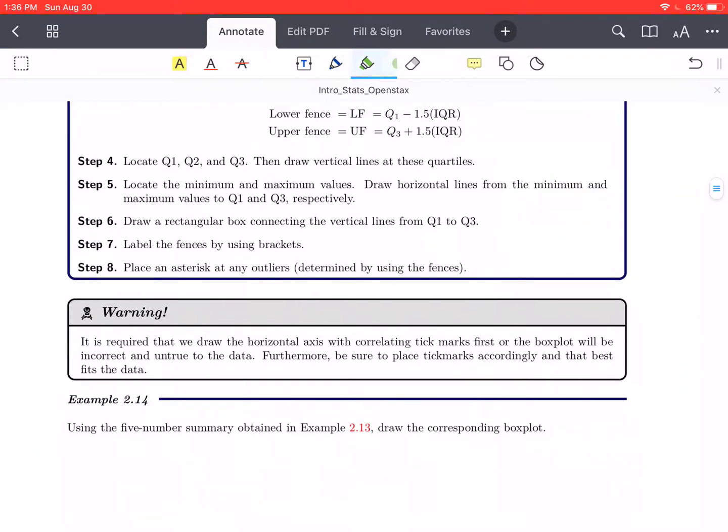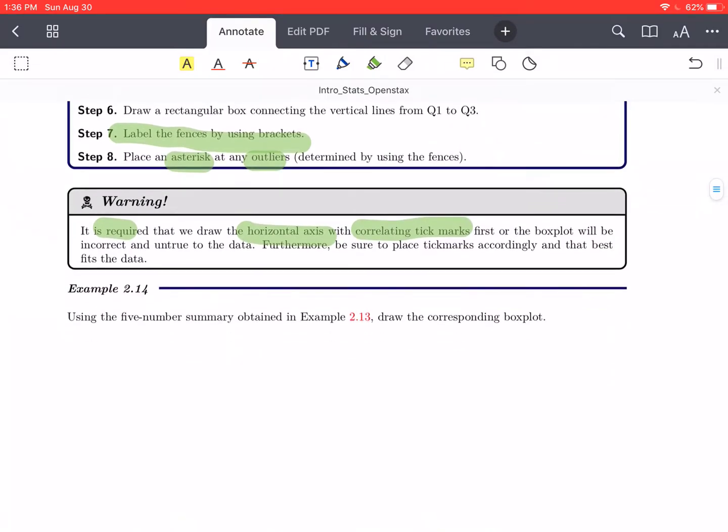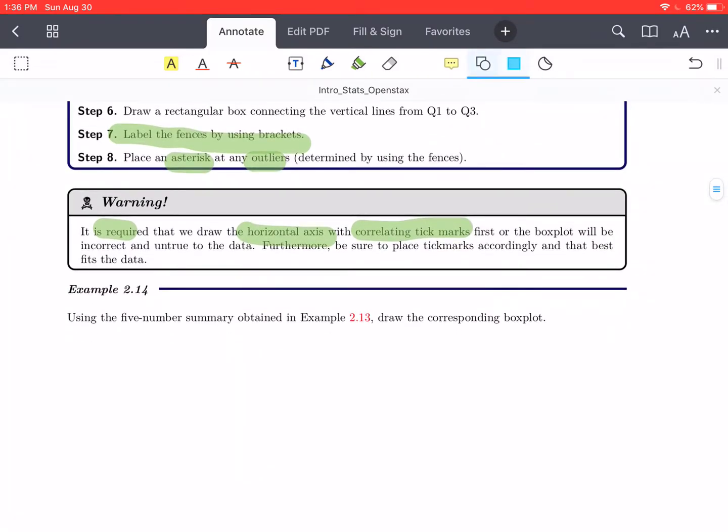You can label the fences using brackets and place an asterisk for any outliers. One important note, it is important and required that you draw a horizontal axis with correlating tick marks, otherwise the box plot is not to scale. It doesn't tell me any information unless I see that scale on the horizontal axis.